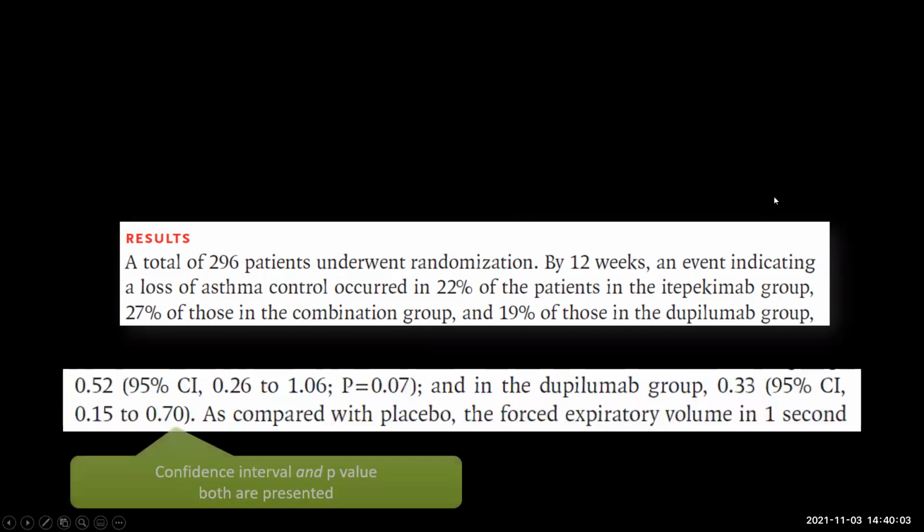And the data analysis is very basic, confidence intervals and p-values. You can see that in this odds ratio, the confidence interval includes the number 1. So that means this confidence interval overlaps with no effect, and that's why the p-value is 0.07.